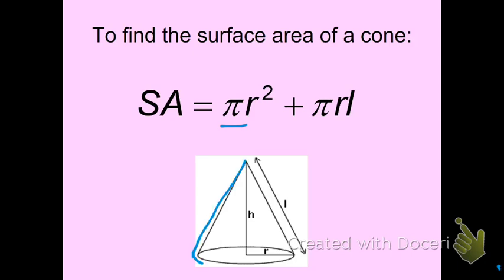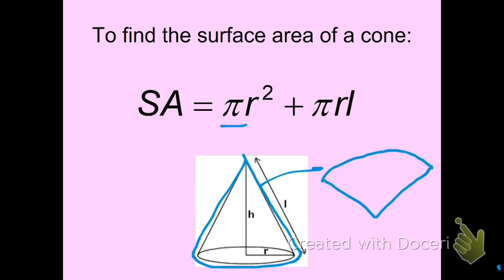This part of the cone has a surface area of pi r l, because if you imagine taking it and folding it out, it would make a sector of a circle, where this distance right here is the distance from the tip of the cone to the edge of the base. That is going to be the slant height. And this arc would wrap around the base of the cone, so that would be the circumference of the base, 2 pi r.